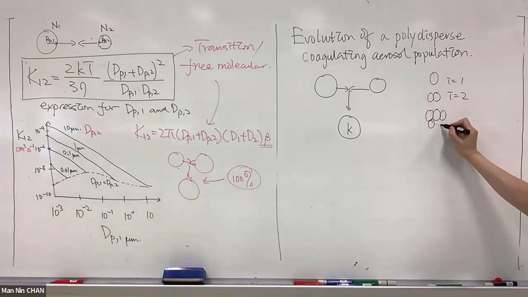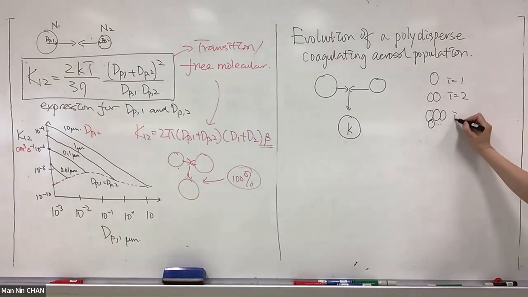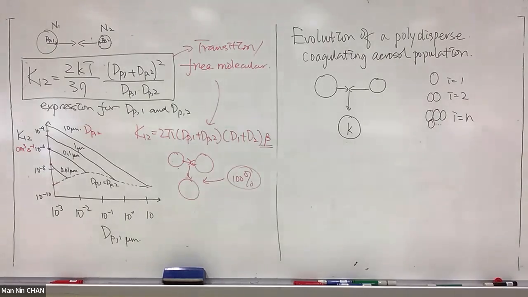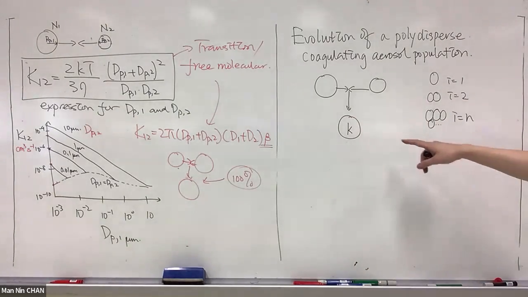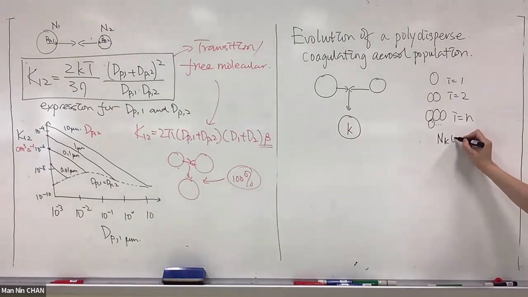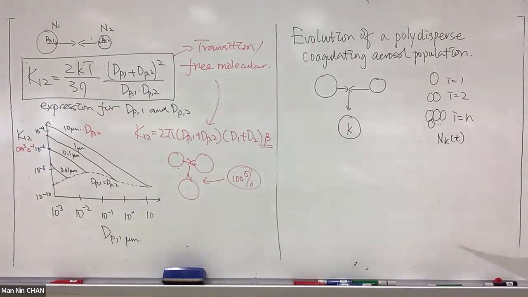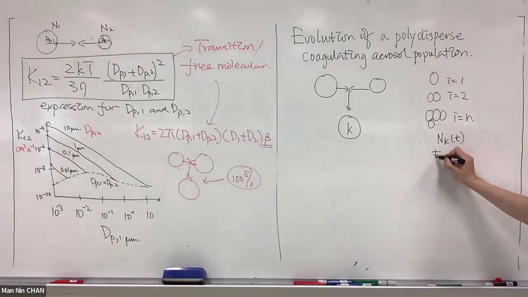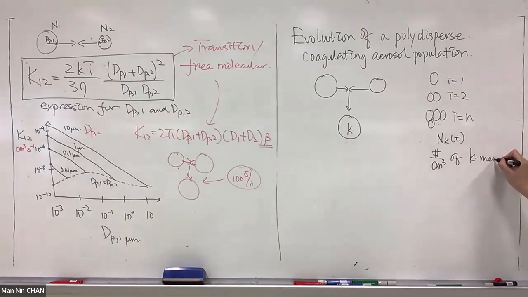And then you can have k particles sticking together, a k-mer at a given time. So you can also look at the number concentration of this kind of k-mer, so we can have 1, 2, 3, 4, 5, 6, 7 here.